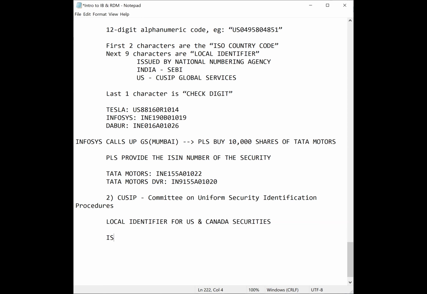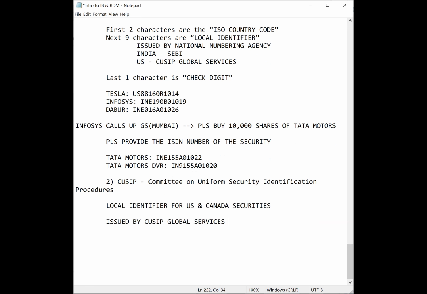It is issued by CUSIP Global Services. So what you were seeing, the 9-digit code above, that is nothing but the CUSIP number.